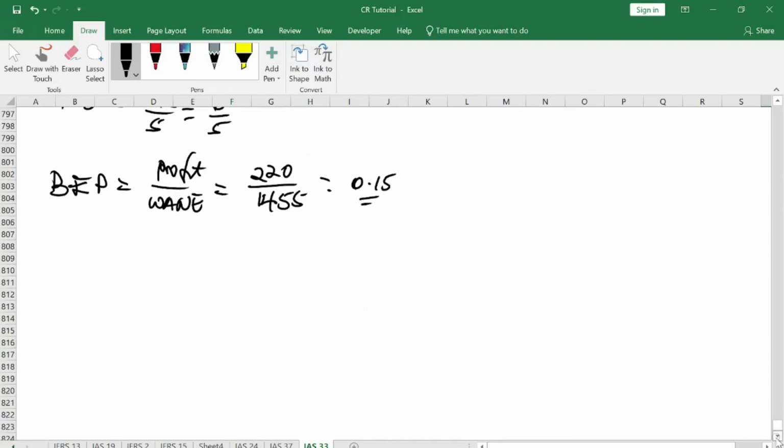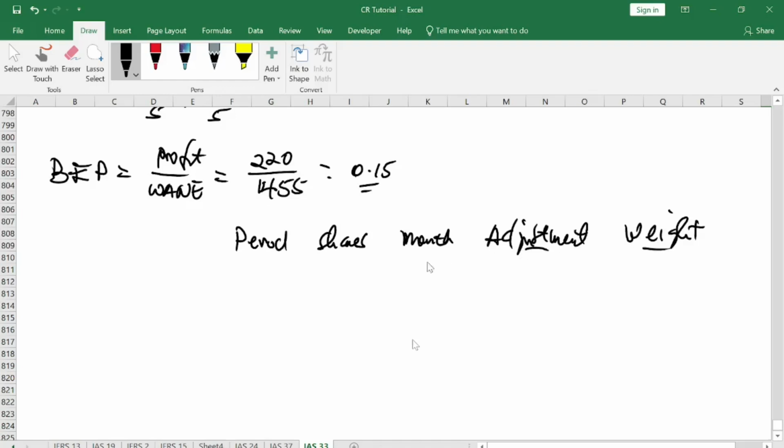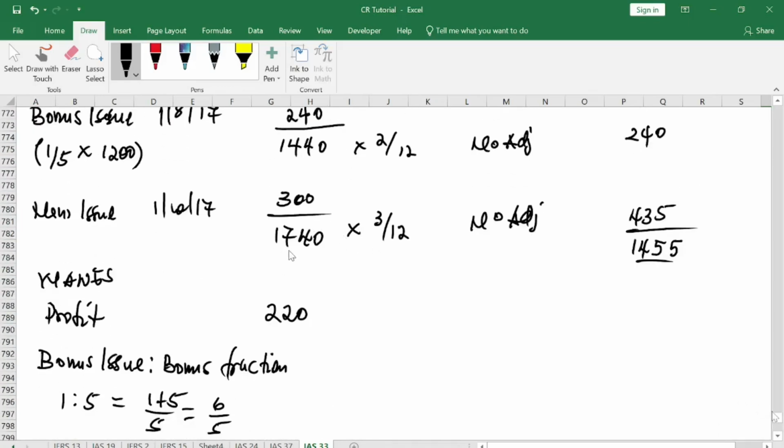We are done with 2017. Now let us move to 2018. So 2018, what did they say? You come here, you have your period, your shares, your month, your adjustment, your weight. Here you have your outstanding shares. You pick your outstanding shares from the 2017 outstanding shares you calculated.